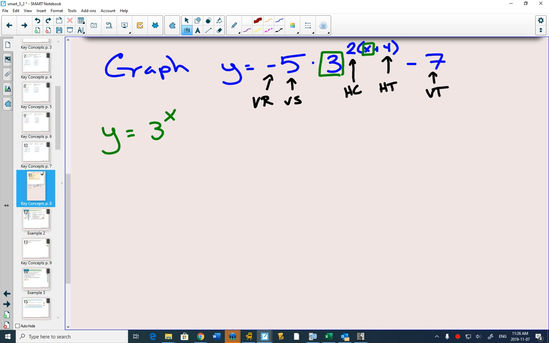So a review. How did we do transformations? Well, first, we thought about our parent graph, y equals 3 to the x. That's an exponential function. We know that it looks like this, going through the points 0, 1 and 1, 3 with an asymptote at y equals 0.